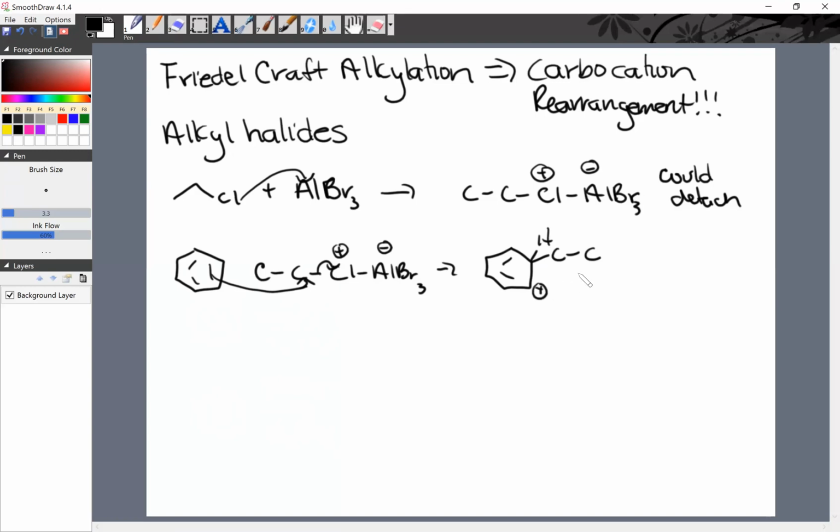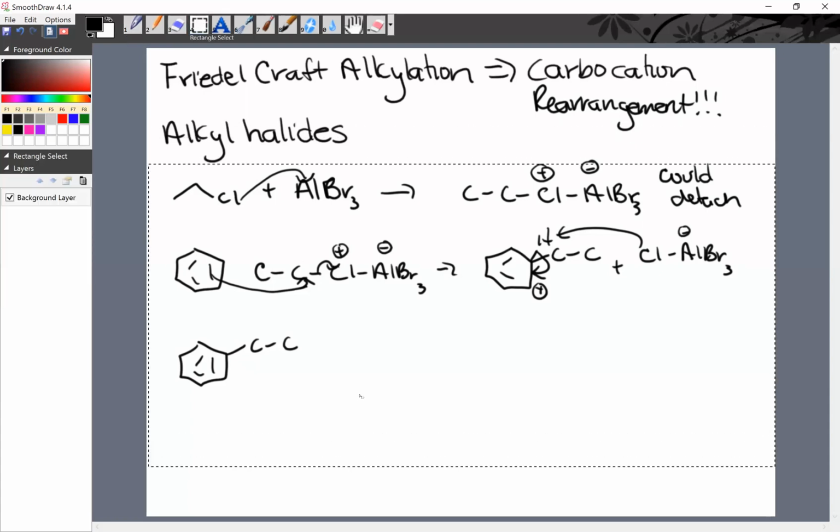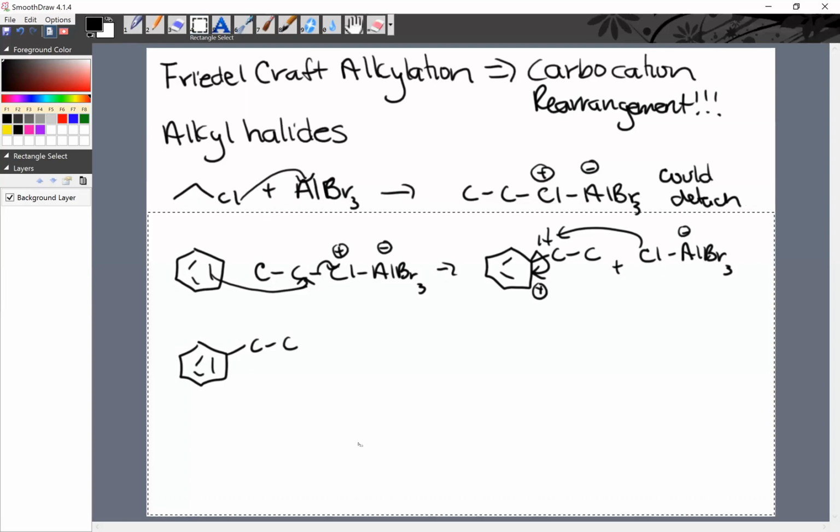Oh, this looks so familiar. And it will create a benzene now with an alkyl group on it. Okay, well, that doesn't seem too crazy. Let's just look at our variations here.